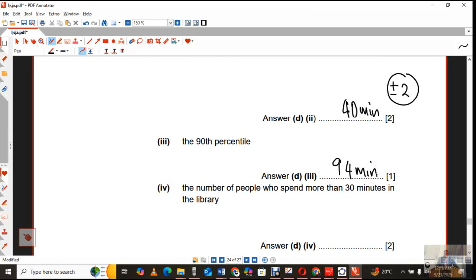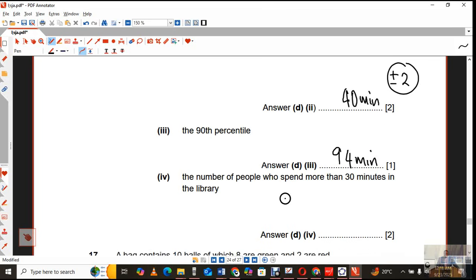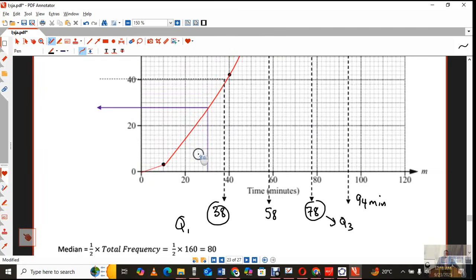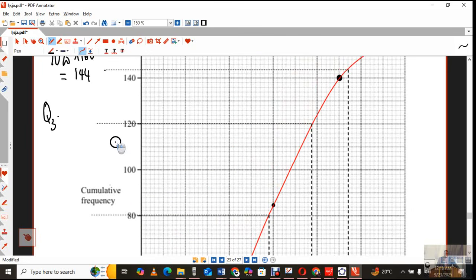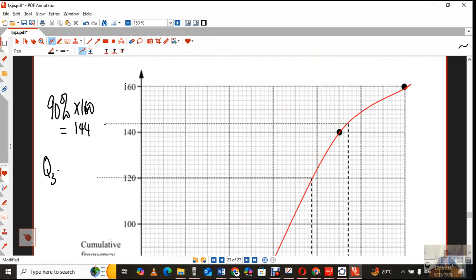Now, they say you are supposed to find the number of people who spend more than 30 minutes in the library. So this is very interesting. Can you see where I've indicated with this purple one? I came to my time. My time 30 minutes is here. And then I will read down, how many people is it? So that's 22, 24, 26, this is 28. But in order for you to find that, you know that all of them is 160.